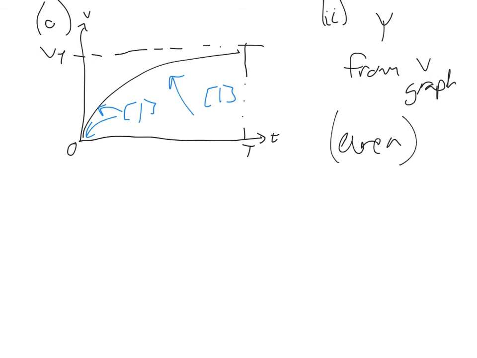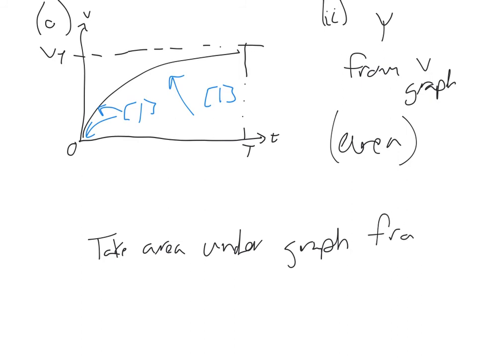So all you have to say is something like take the area under the graph from 0 to T. And that's basically it.